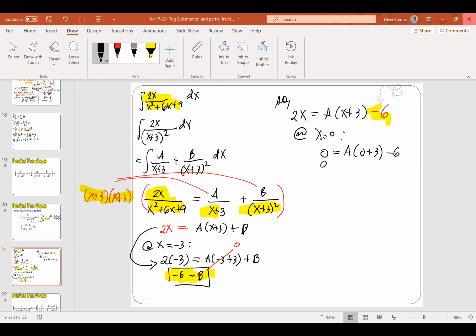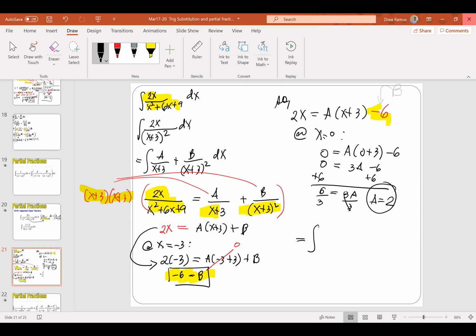So we have 0 equals 3A minus 6. Well, this is just simple algebra at this point. And I'm just solving for A, which gives us a value of 2. Good.